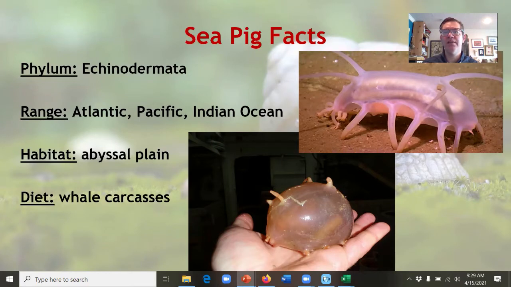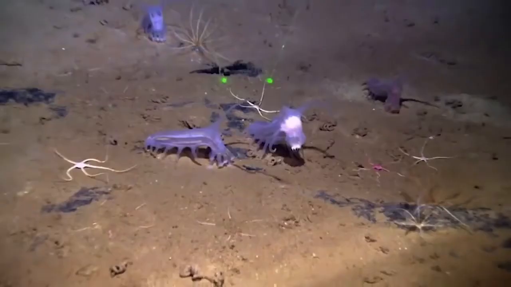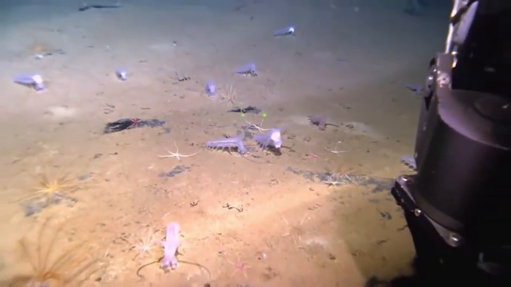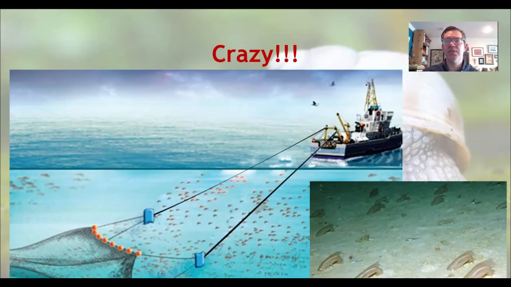What else can I say about this odd little echinoderm that lives at the bottom of the ocean? Sea pig, sea pig. Bottom trawling ships in search of fish kill many sea pigs, which are delicate and die quickly when brought up to the surface because of changes in pressure. The population of these odd critters is therefore declining rapidly because of how we fish.